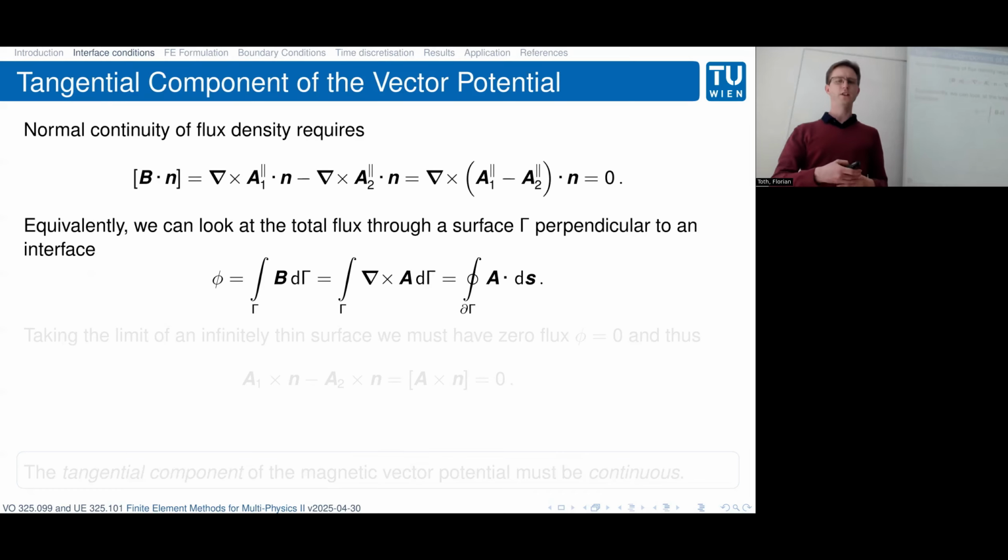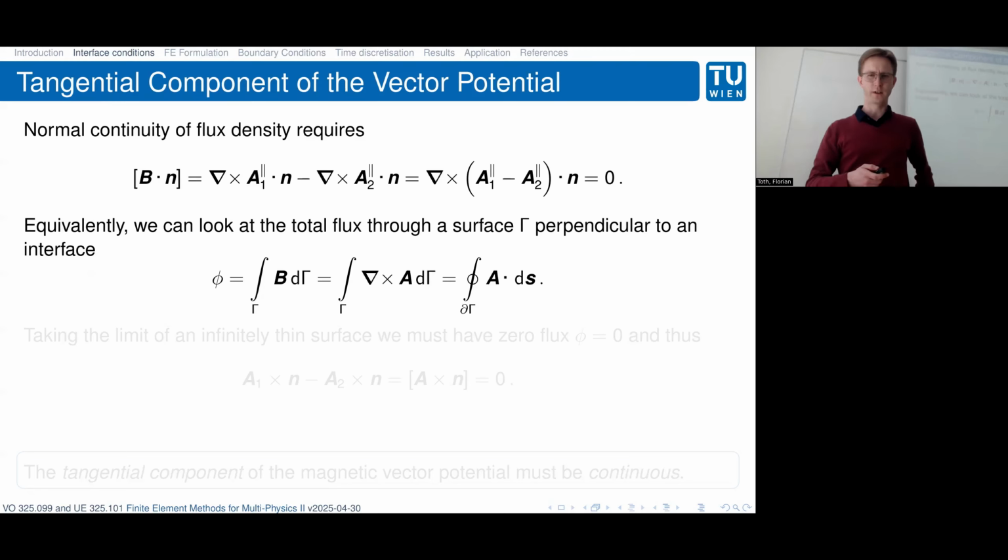In fact, you can do this equivalently when looking at the flux through a surface perpendicular to an interface. That also needs to be zero if you make this interface small, and this flux can actually be computed.